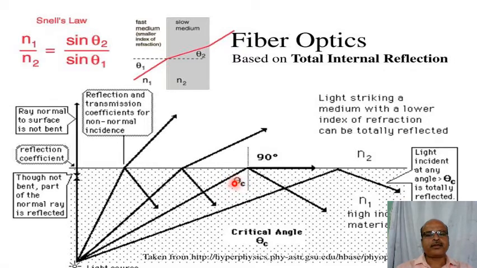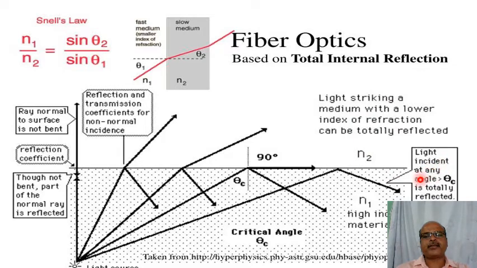When the angle of incidence theta c is such that the refracted angle becomes 90 degrees and the ray emerges parallel to the boundary between the two media, it is called the critical angle. And when we increase the angle beyond the critical angle theta c, the light rays are reflected back into the same medium, and this phenomenon of total internal reflection is used in optical fiber cable.